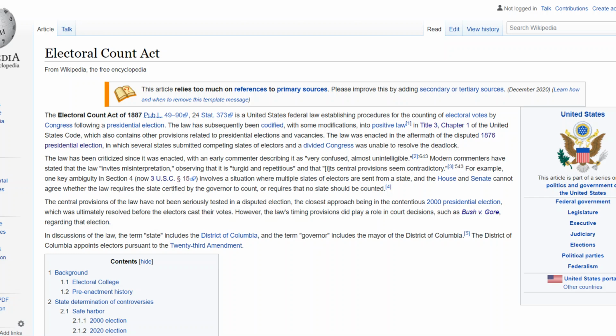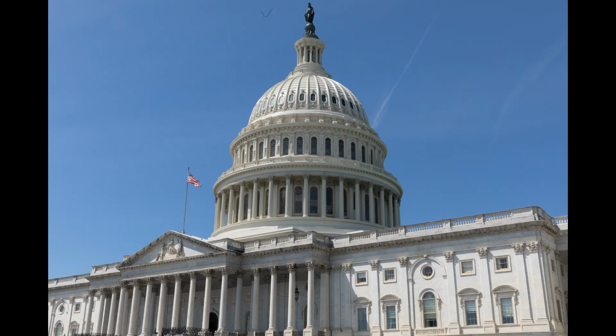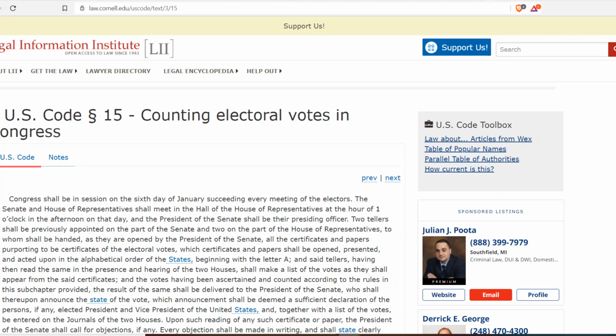The Senate and House of Representatives shall meet in the hall of the House of Representatives at the hour of 1 o'clock in the afternoon on that day, and the President of the Senate shall be their presiding officer. 2 tellers shall be previously appointed on the part of the Senate and 2 on the part of the House of Representatives, to whom shall be handed, as they are opened by the President of the Senate, all the certificates of the electoral votes, which shall be opened, presented, and acted upon in the alphabetical order of the states, beginning with the letter A. And said tellers, having then read the same in the presence and hearing of the 2 houses, shall make a list of the votes as they shall appear from the said certificates.